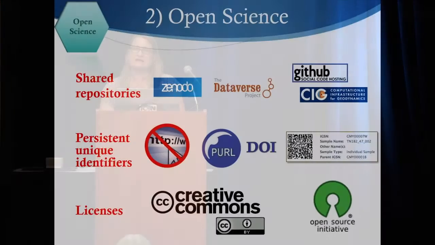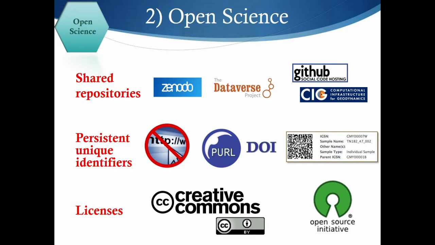So the first thing to do is to preserve your data and your software in shared repositories, and there's many of them. Zenodo, for example, is a data repository run by CERN. They keep increasing the limits of the size of the data that you can upload to it. They'll take data, they'll take software, they'll take slides, they'll take movies, graphics, anything, any products of scientific research.